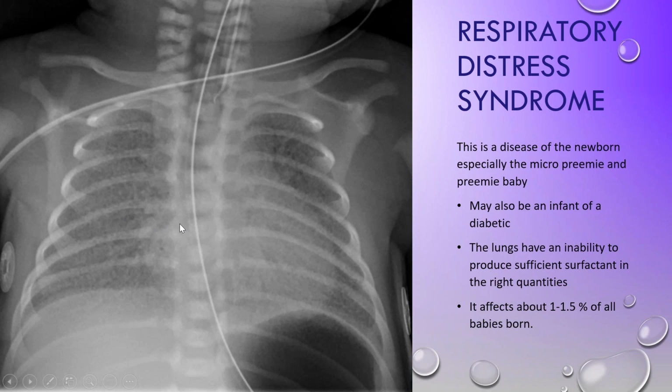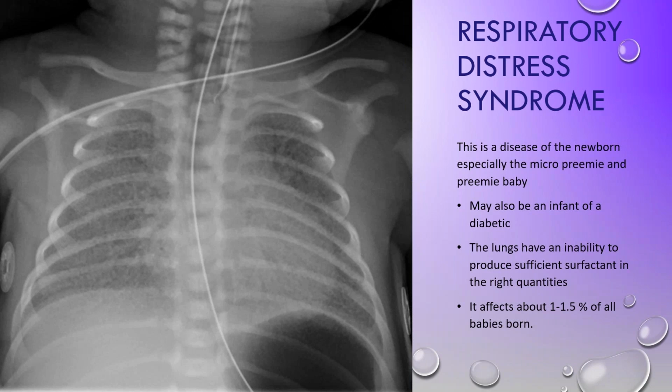Also, the infant of a diabetic, even if it is a term baby, has a much higher risk because they don't produce sufficient surfactant as a term baby, and they can present with RDS. A septic baby, a shocked baby, any of those babies will also present with RDS.